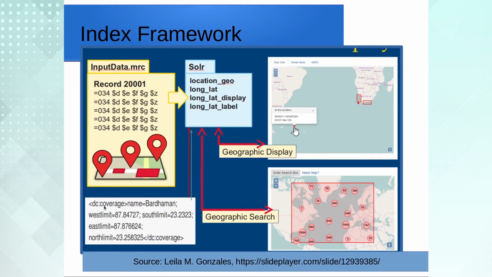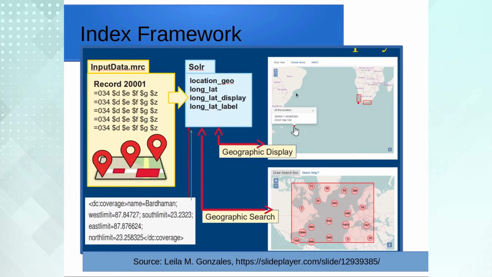Here we have given one example: DC.coverage name equals place name, west limit, south limit, east limit, and so on. So, these two data formats we have encoded. Then we are using Solr, basically with a location_geo field, long-lat display, and long-lat label. VuFind is connected with its backend Apache Solr retrieval engine through these fields, so these data sets are going into Apache Solr fields.